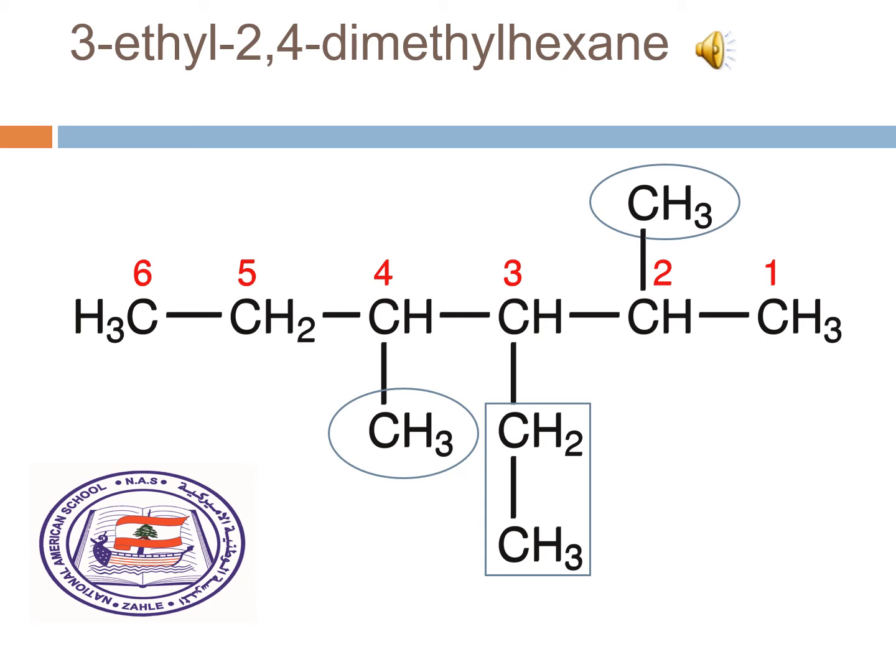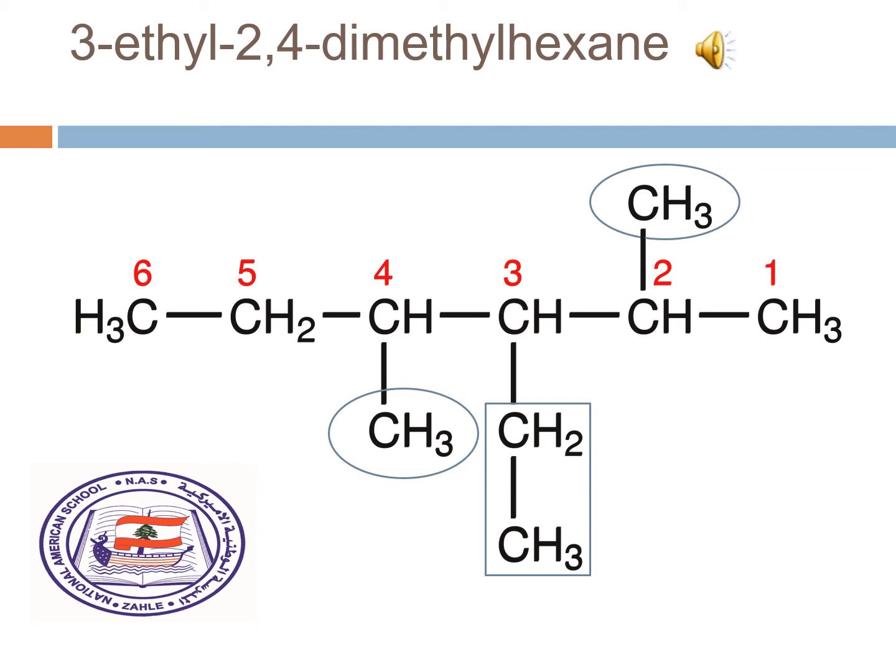Like I pointed out earlier, when you have 2 or more of the same kind of branch, we need to use the prefixes di, tri, tetra, etc. Since we have 2 methyls and they are of the same kind, we have to use dimethyl. But where are these 2 methyls located? They are located on carbon number 2 and carbon number 4 on the main chain.